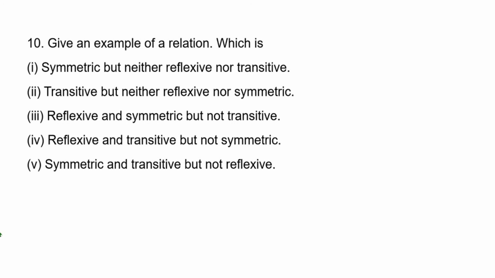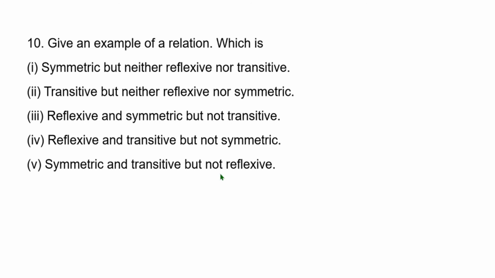The next question: give an example of a relation which is symmetric but neither reflexive nor transitive, transitive but neither reflexive nor symmetric, reflexive and symmetric but not transitive, reflexive and transitive but not symmetric, symmetric and transitive but not reflexive. So we have to give an example of a relation which satisfies these conditions.